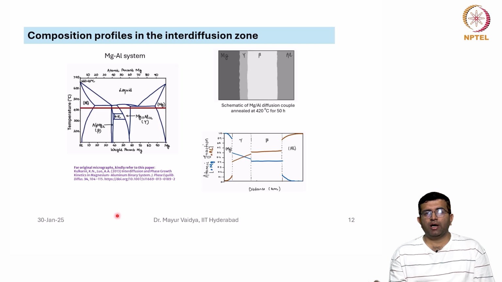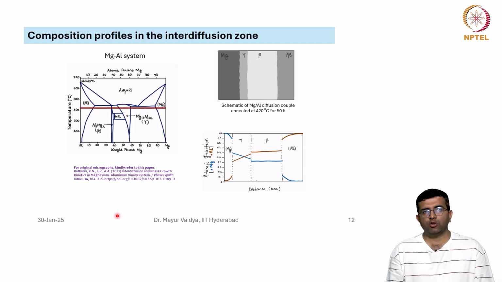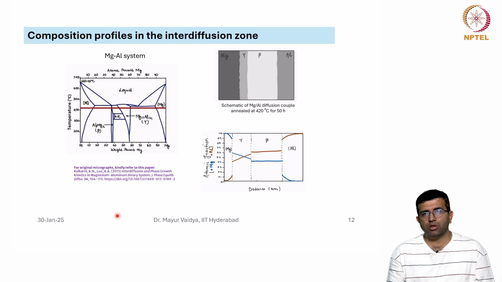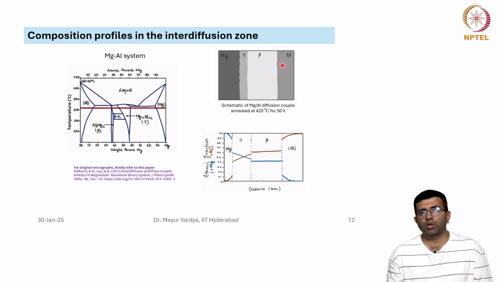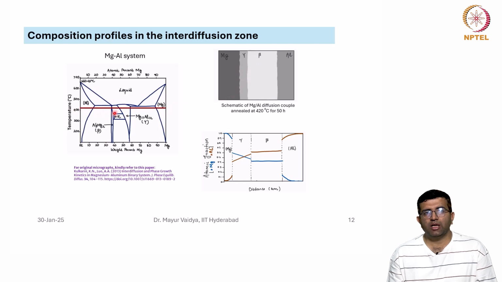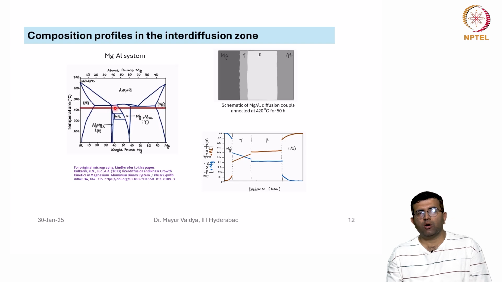We also had detailed lectures where we talked about how to draw the composition profile developed in the interdiffusion zone. We took examples like magnesium, aluminum. You see that there is a gamma phase and a beta phase formed. If you see the phase diagram, the gamma phase has a slightly wider composition range, whereas beta is almost like a line compound.